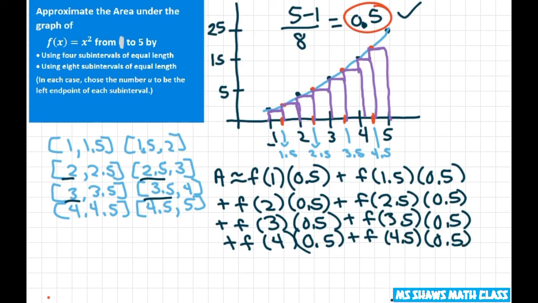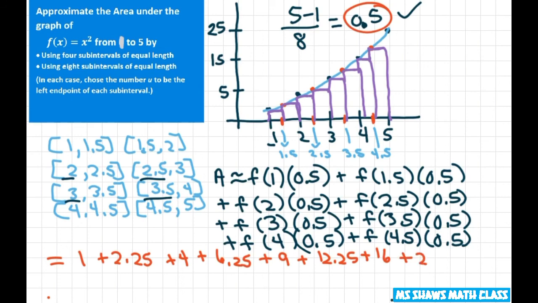All right, once you get that done, you're going to get this equals 1 plus 2.25 plus 4 plus 6.25 plus 9 plus 12.25 plus 16 plus 20.25.